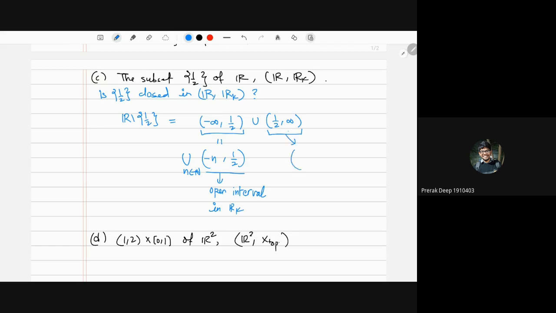Similarly, you can write this as a union of open intervals. Since each of these sets is a union of open intervals, each is open. Since both are open, it is a union of two open sets, so the complement of {1/2} is open. So this is also closed in the R_K topology.